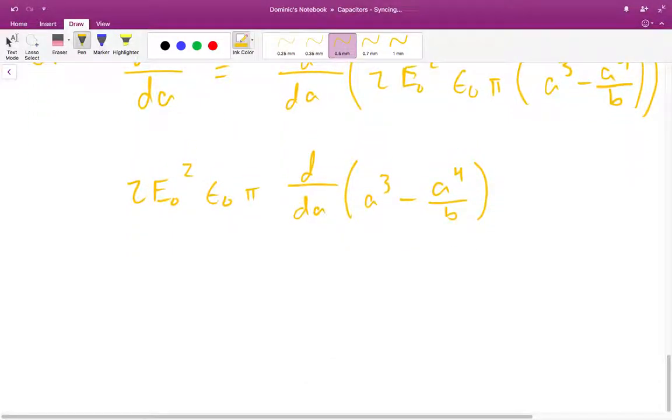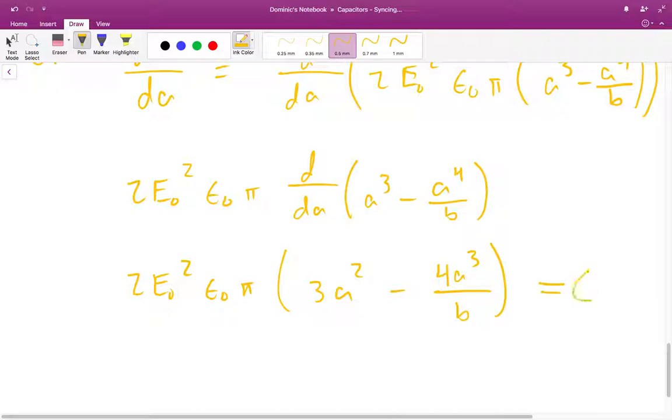What I'm left with is 2 e naught squared epsilon naught pi, and then the derivative of a cubed is going to be 3a squared, minus the derivative of a to the fourth over b, which is going to be 4a cubed over b.